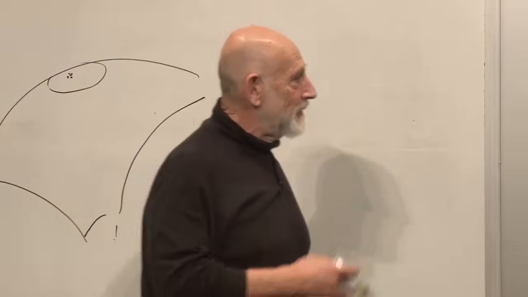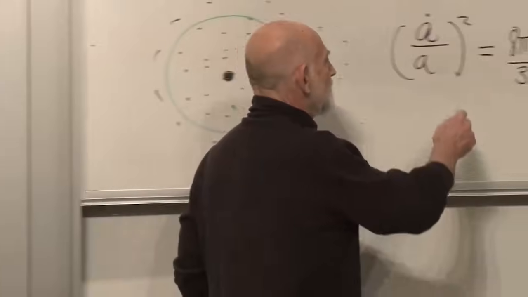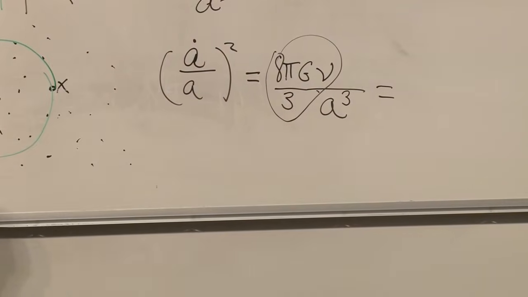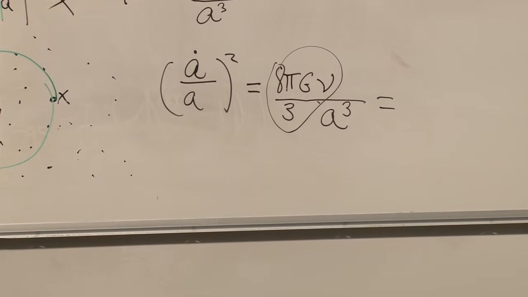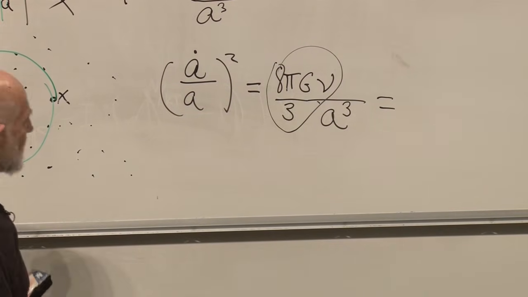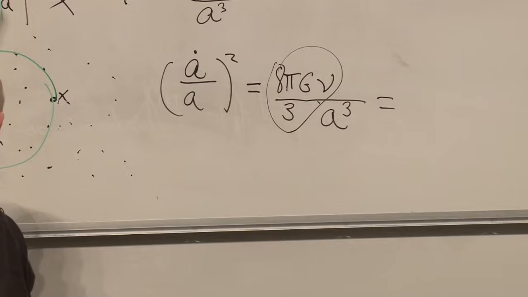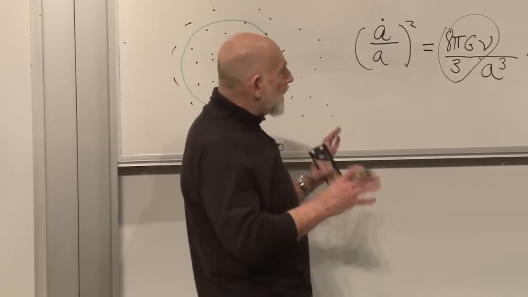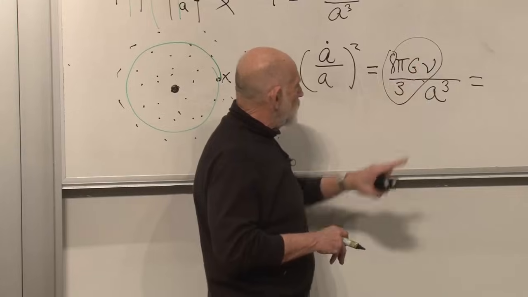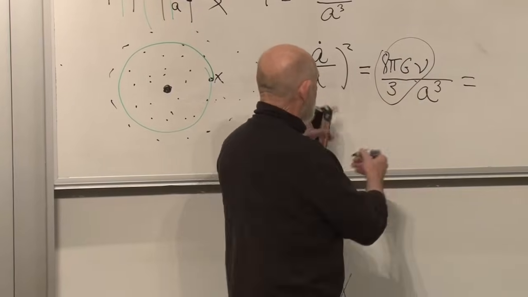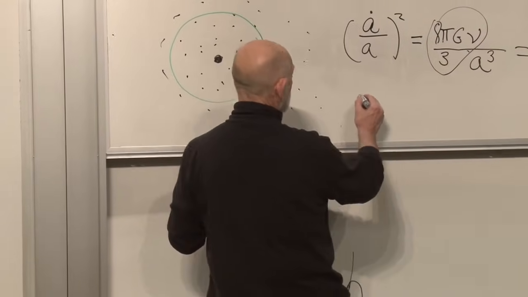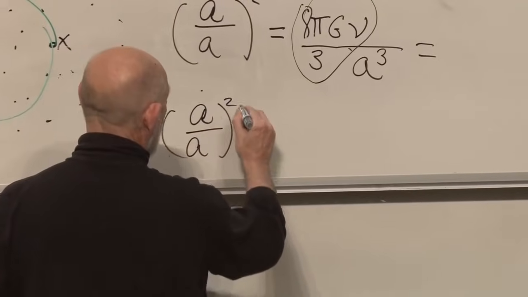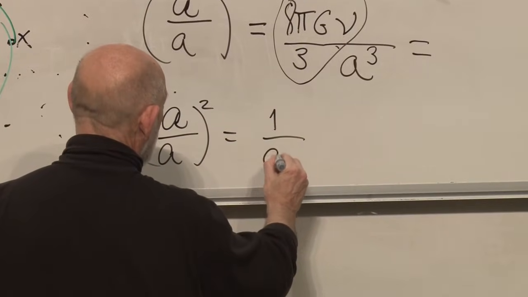The point here is that the numerical constant that appears here really doesn't make any big difference to the way the universe evolves. You can see that by changing definitions of the grid, you can change the constant. So we could, if we like, just set 8 pi G nu over 3 equal to 1, and then we would have the very nice differential equation, a dot over a squared is equal to 1 over a cubed.